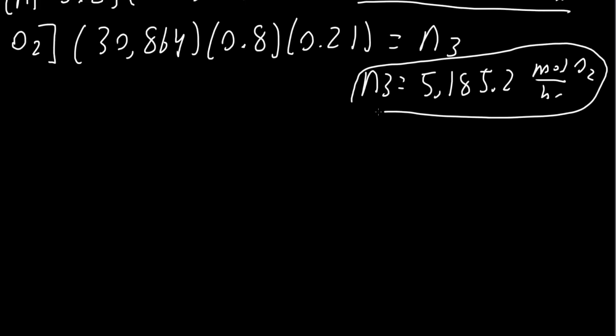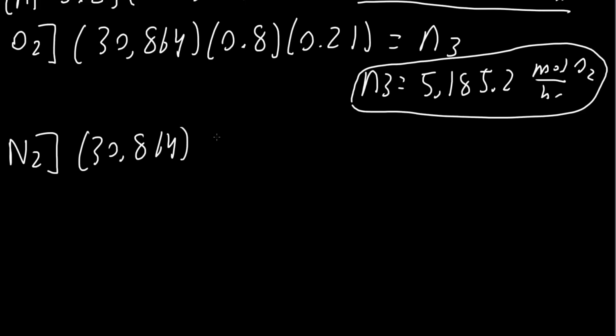So this is N2 and N3. Now we have 2 more things that we need to solve for. We need to do the N2 balance, which would give us N4. So N2, which is nitrogen. We do the same thing as this: 30,864 times 0.8 times 0.79, the composition of nitrogen, and that's going to equal N4.